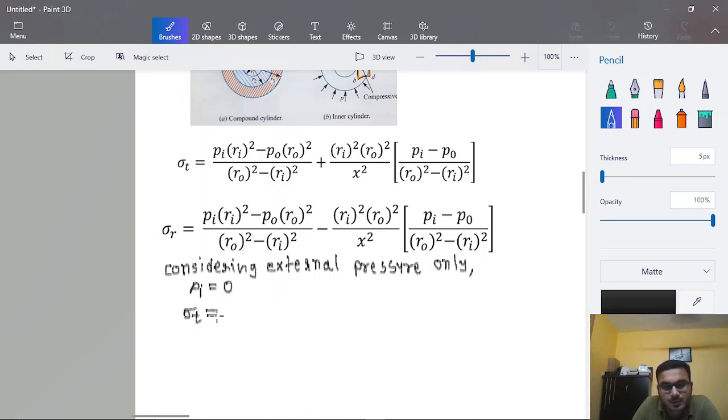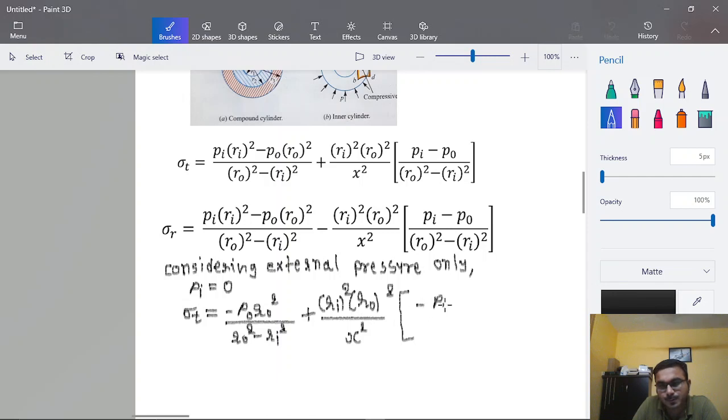Sigma T is equal to minus Po Ro square divided by Ro square minus Ri square, plus Ri square upon Ro square divided by x square, minus Po divided by Ro square minus Ri square.